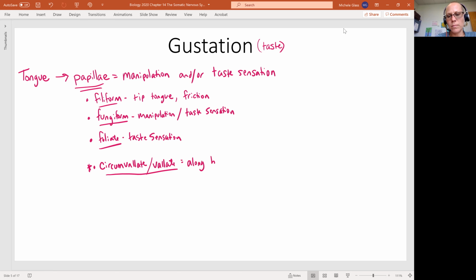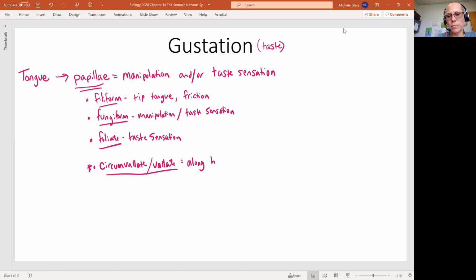Okay, so let's see what we can do about a drawing of our taste bud. What we see as part of our papillae anatomy is our papilla. I'm going to call this here the papilla.